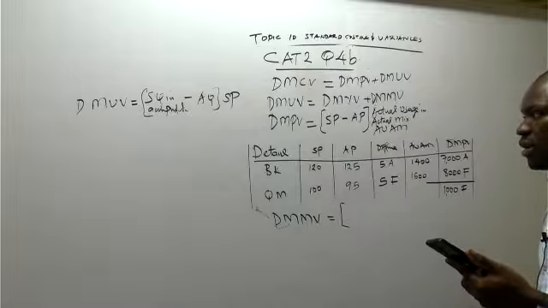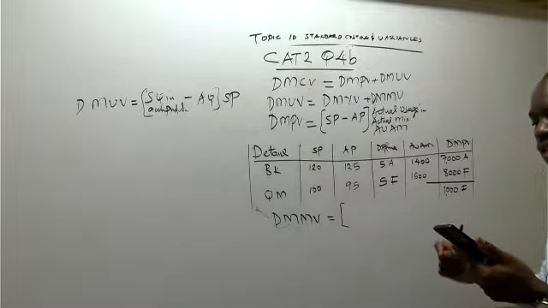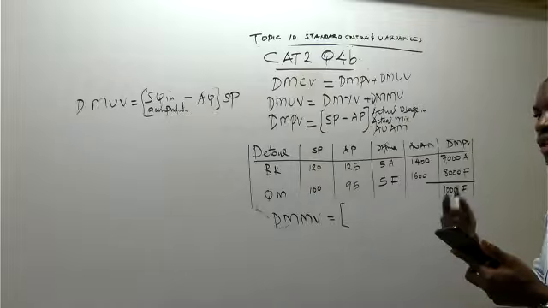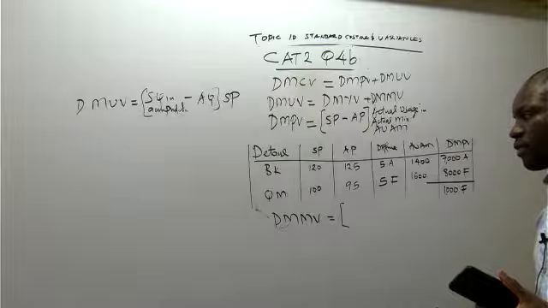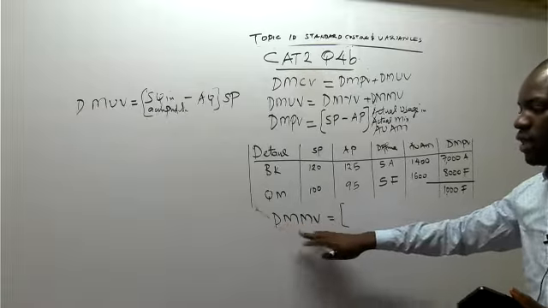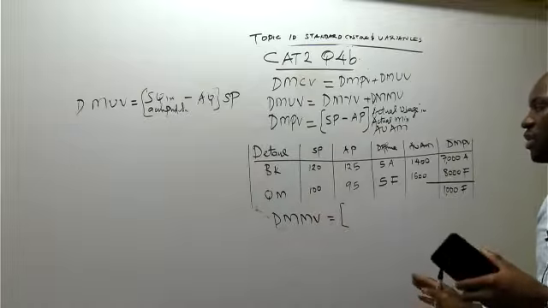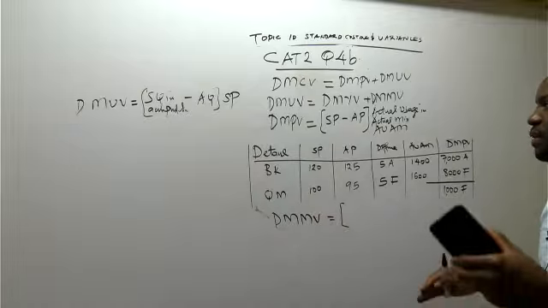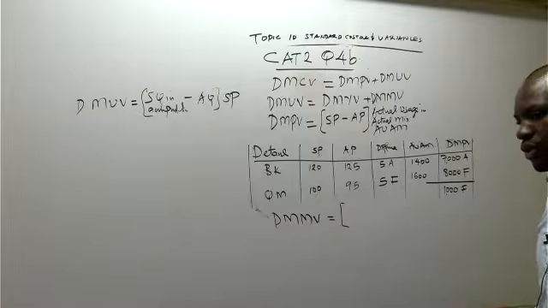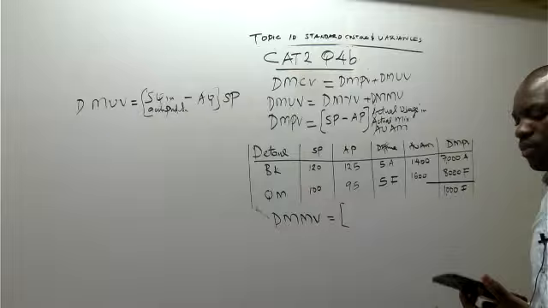Do we understand? Material mix variance is actual usage in actual mix and actual usage in standard mix. We have got the real results. What you're going to do here is basically, as per the standard, they said how much they use. Then, as per the actual results, did they use them in that proportion? That's what you're going to look at.